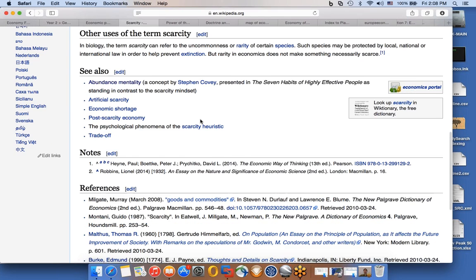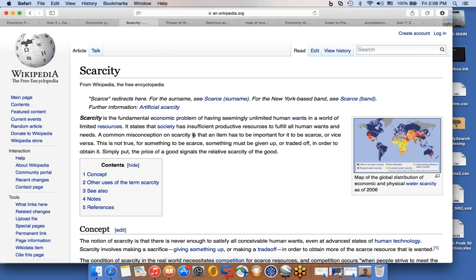In the article about scarcity, there is at the top a really good definition of scarcity. It says, scarcity is the fundamental economic problem of having seemingly unlimited human wants in a world of limited resources.